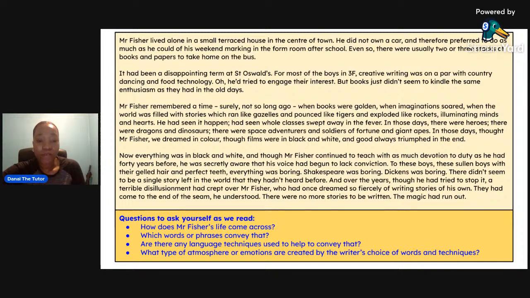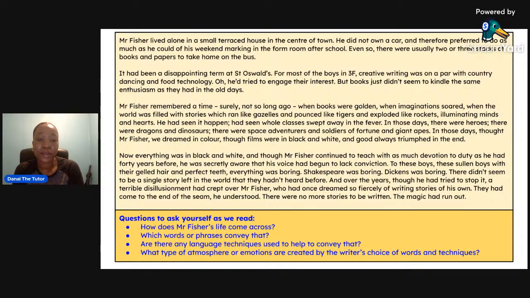Now, everything was in black and white, and though Mr. Fisher continued to teach with as much devotion to duty as he had 40 years before, he was secretly aware that his voice had begun to lack conviction. To these boys, these sullen boys with their gelled hair and perfect teeth, everything was boring. Shakespeare was boring, Dickens was boring.